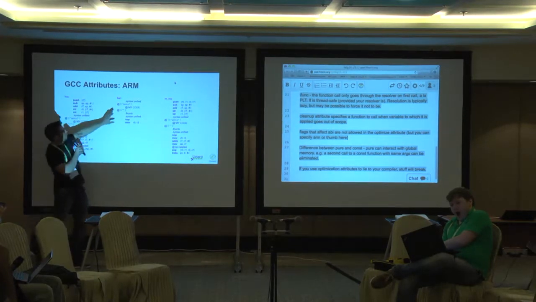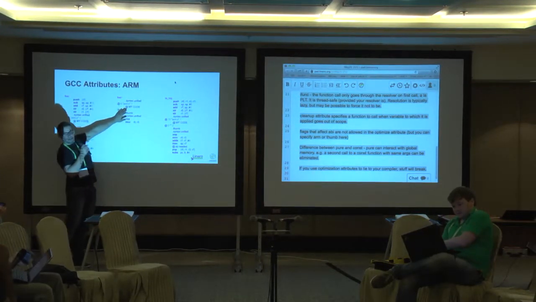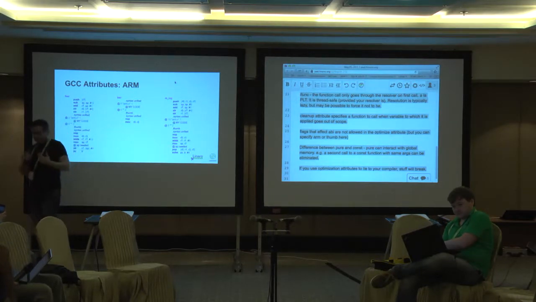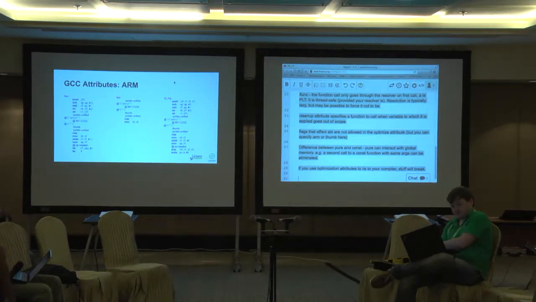With the naked attribute, you have just nothing. This is useful when you are doing assembly code, inline code in your C code, and you have to deal with the parameters, etc., on your own.